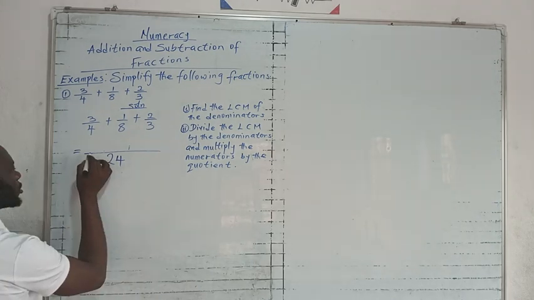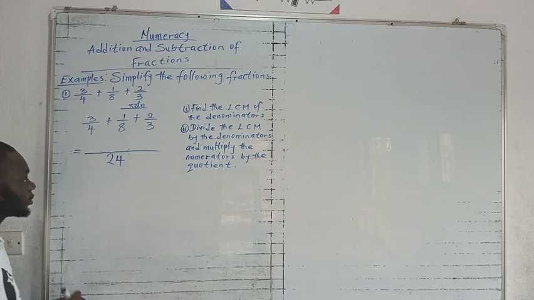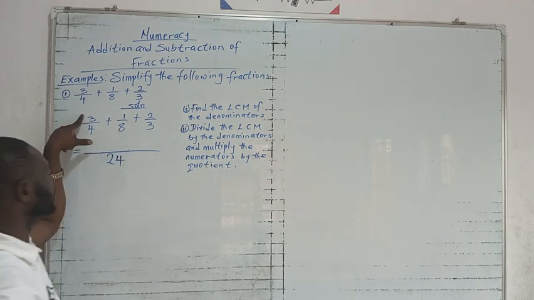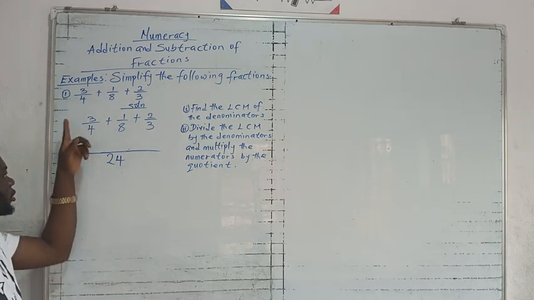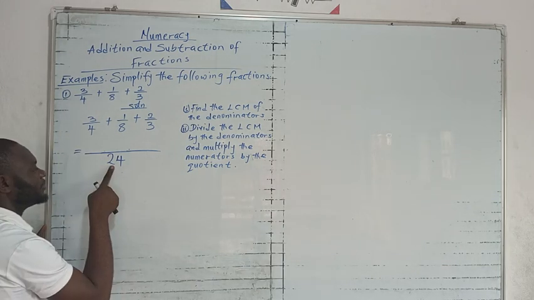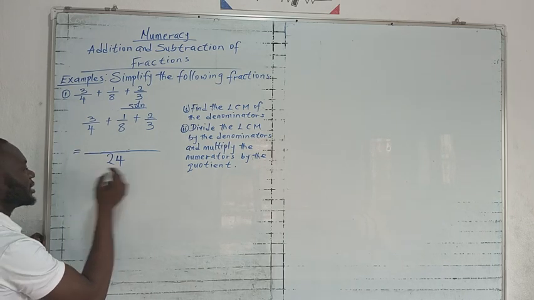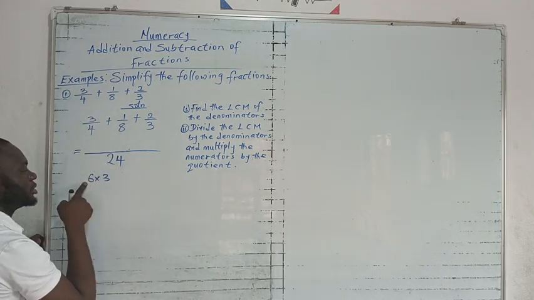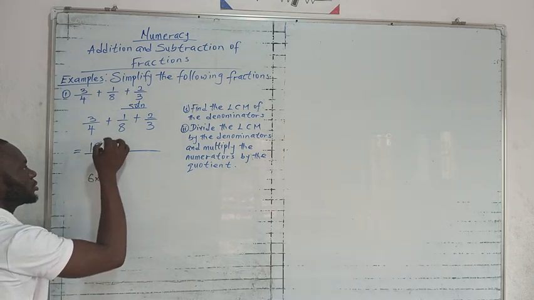So let's redo this step. The step says divide the LCM by the denominators, use the quotient to multiply the numerator. So let's go. 4 divides 24, 6. That's 6 times the numerator for 4, 3. 6 times 3 is what? 18.